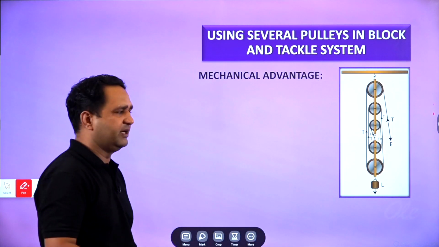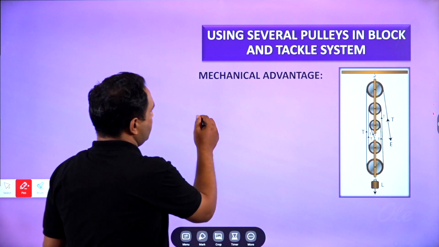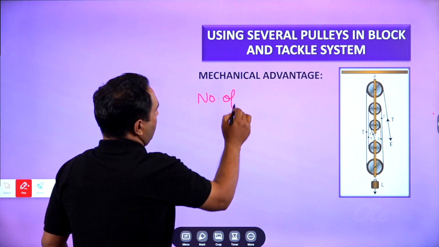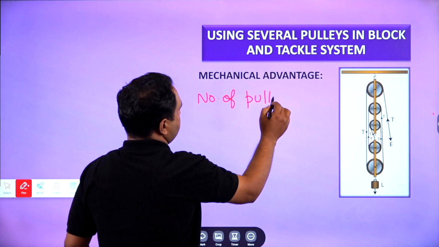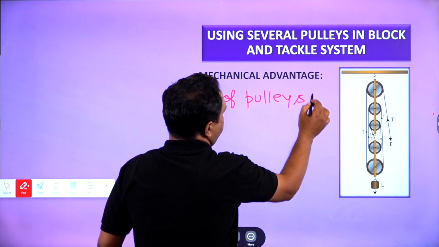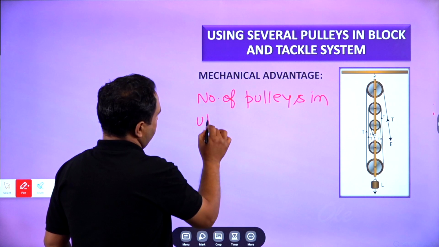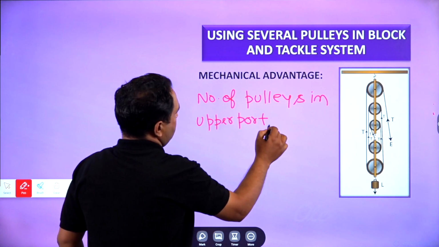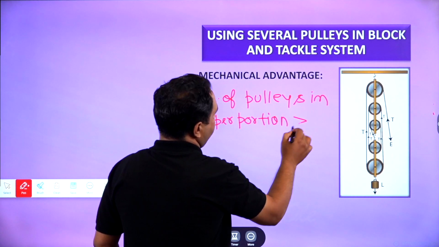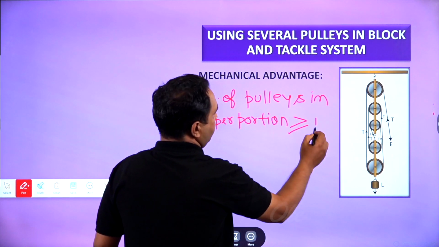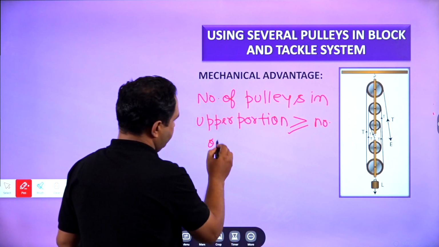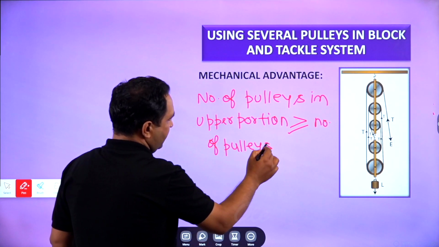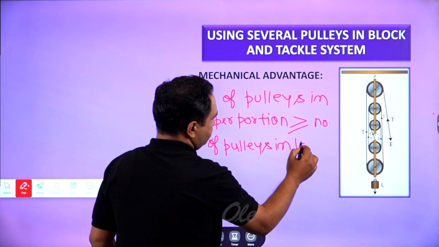What you have to consider here is that the number of pulleys in the upper portion should always be greater than or equal to the number of pulleys in the lower portion.